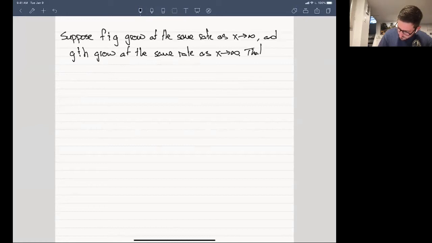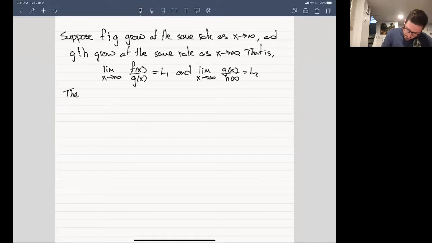So that is, I have that the limit as x goes to infinity of f of x divided by g of x is equal to some limit L1, and the limit as x goes to infinity of g of x divided by h of x is equal to L2.